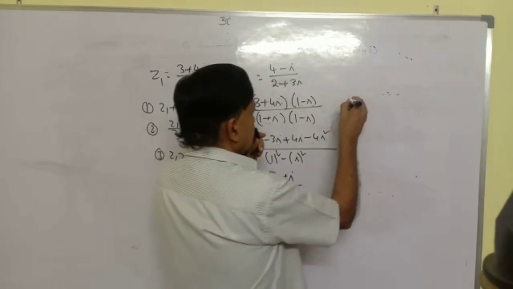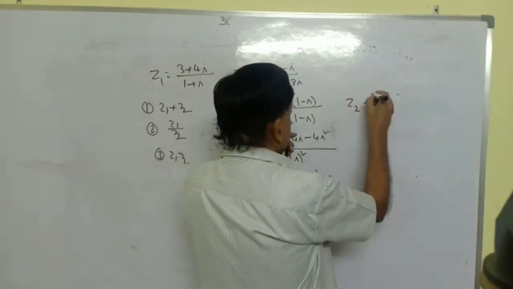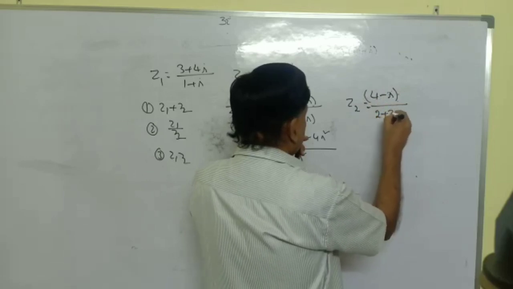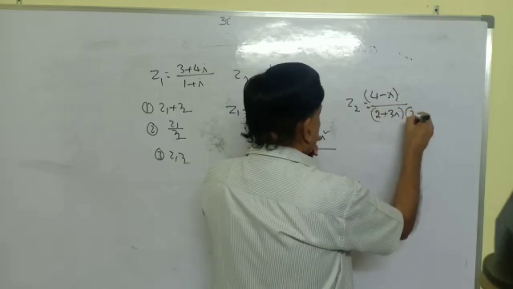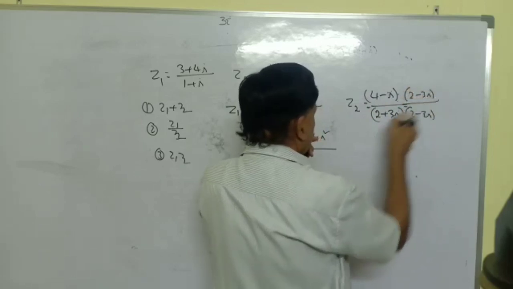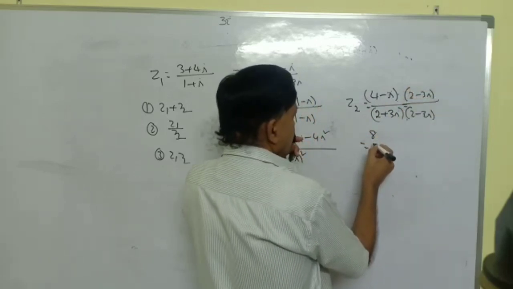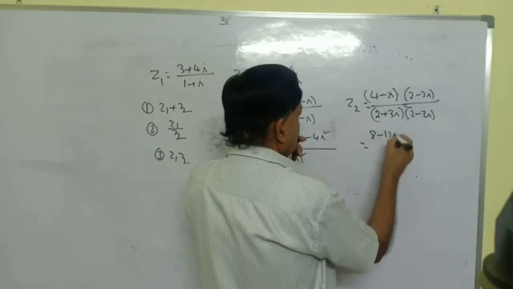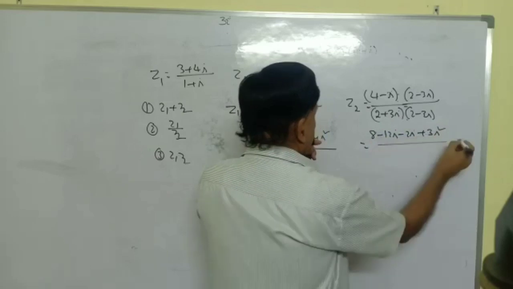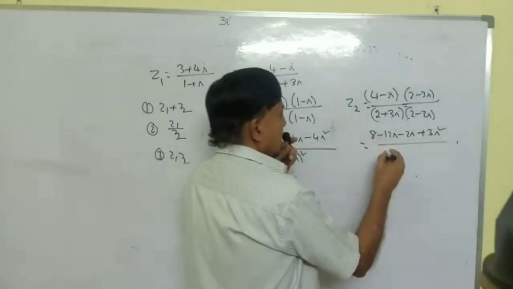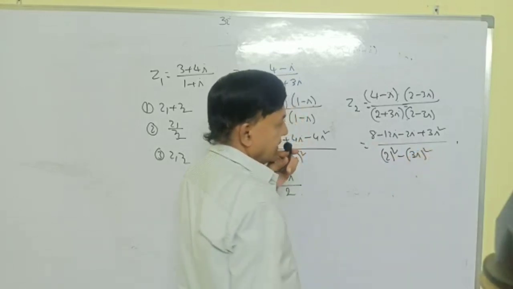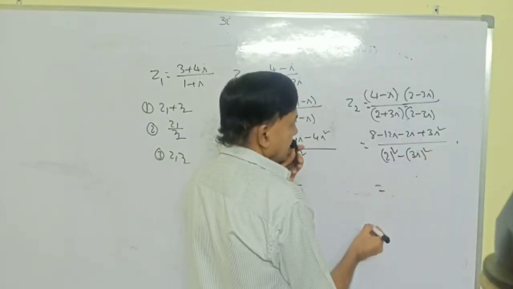So Z1 is equal to 7 plus i by 2. Similarly, you make Z2 also like this: 4 minus i by 2 plus 3i. Multiply with the conjugate of the denominator above and below. You will get 8 minus 12i minus 2i plus 3i square by 2 square minus (3i) square.